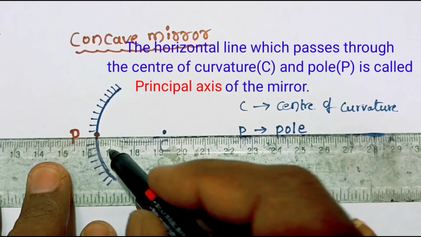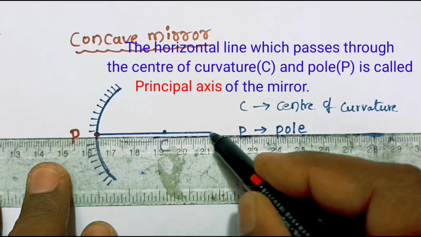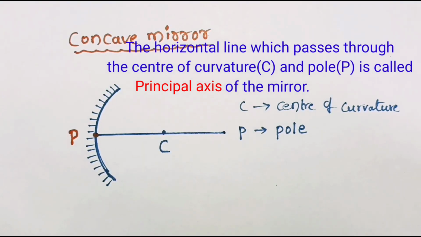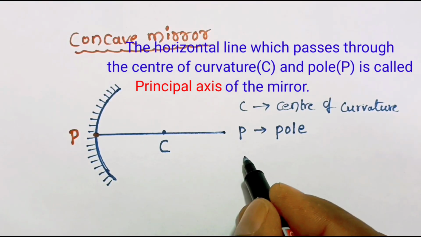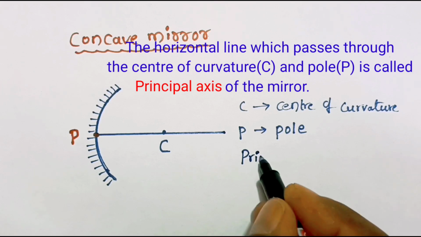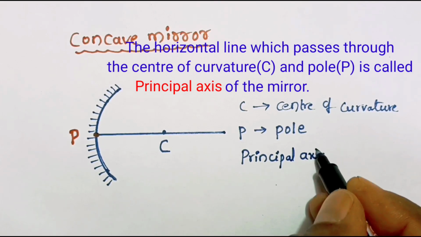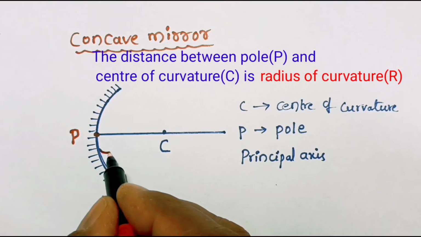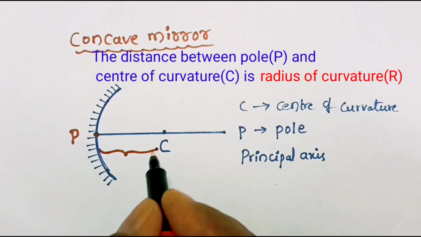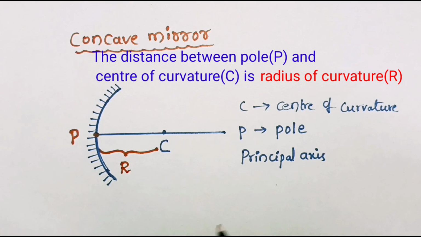The horizontal line which passes through the center of curvature and pole is called the principal axis of the mirror. The distance between P and C is the radius of curvature.